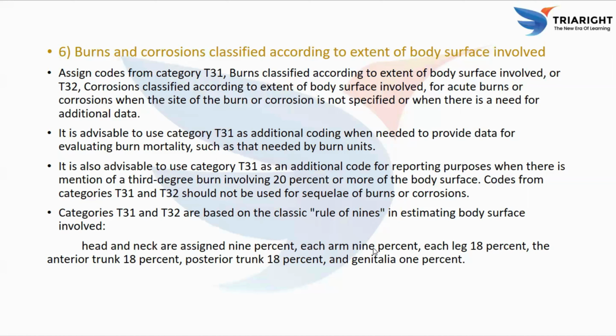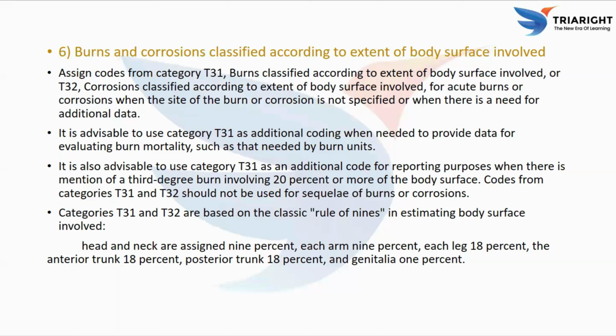Each leg is assigned 18%. The anterior trunk is assigned 18%, the posterior trunk 18%, and genitalia only 1%. Altogether, it totals 100% of the body surface.